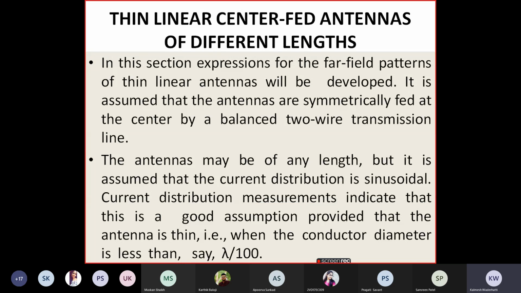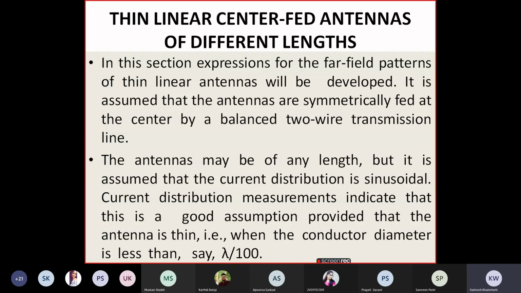Here it is assumed that the antennas are symmetrically fed at the center by a balanced two-wire transmission line. The antenna may be of any length: lambda by 2, lambda, 3 lambda by 2.